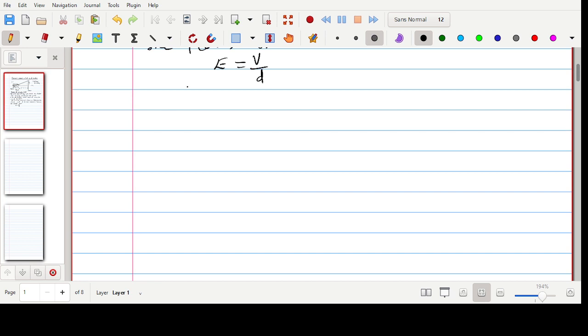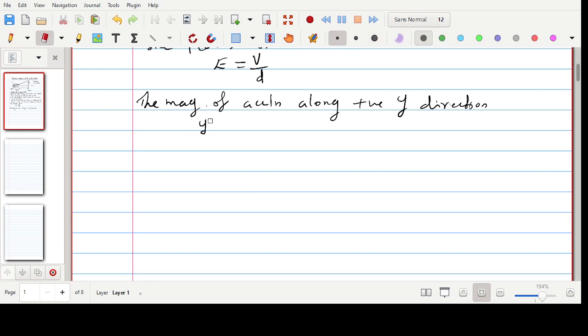Now the acceleration, electron will be accelerated in the positive y direction. Electric field is along negative y direction, so the electron will be accelerated along the positive y direction. The magnitude of acceleration along positive y direction, we can take it as ay.